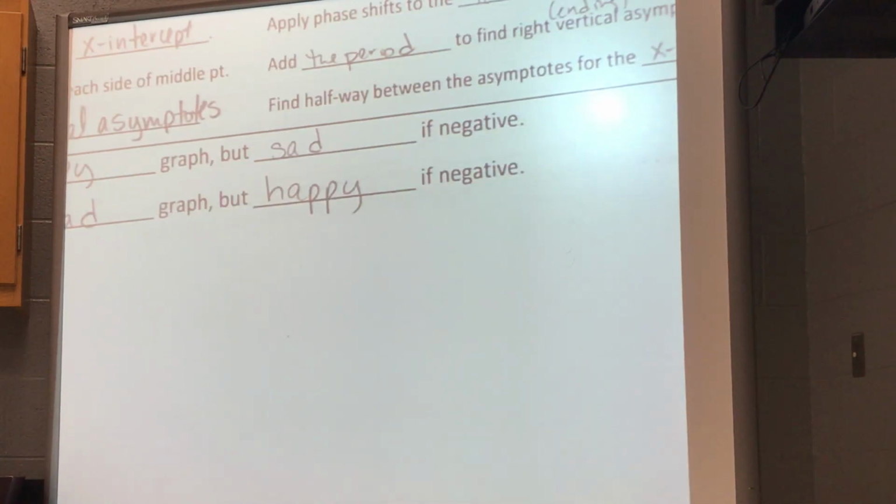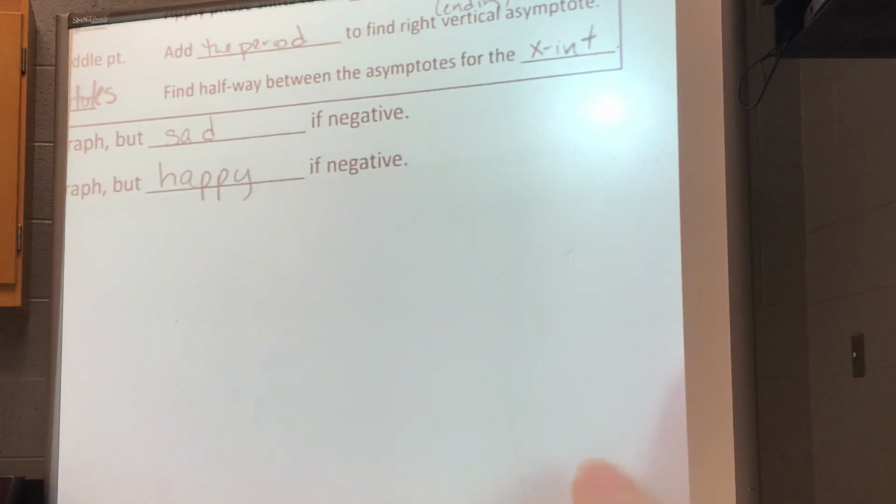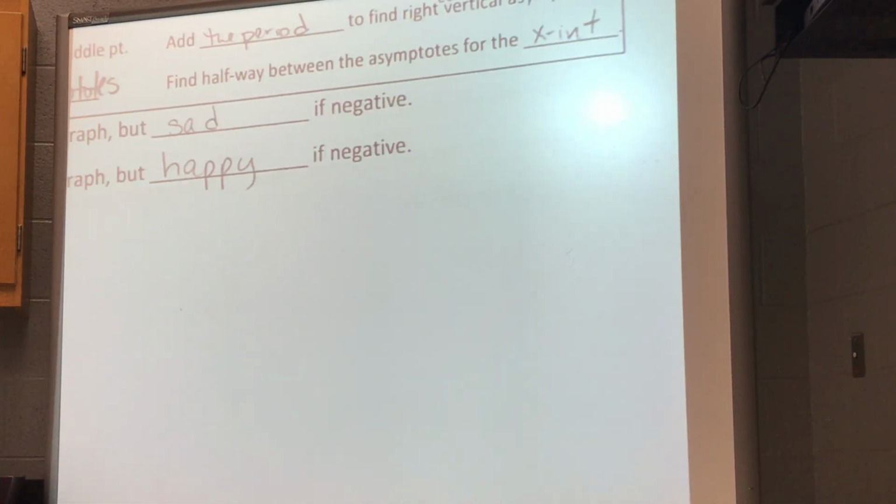All right, there's one more thing. I didn't used to talk about this, but I saw a question that you would have to know this to get it right. It was multiple choice, and there were two tangents, and one was deeper than the other. And you would have to know this. So I wanted to start talking about the steepness of these.